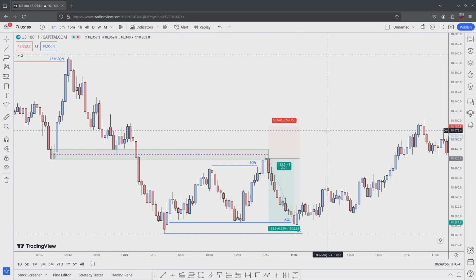Again, as a reminder, the volume imbalance as well as institutional order flow entry drills, you would not expect price to trade into the mean threshold of those or consequent encroachments. So you would not be applying this model to those PD arrays.